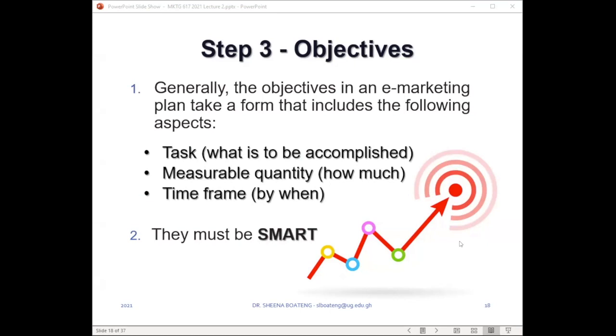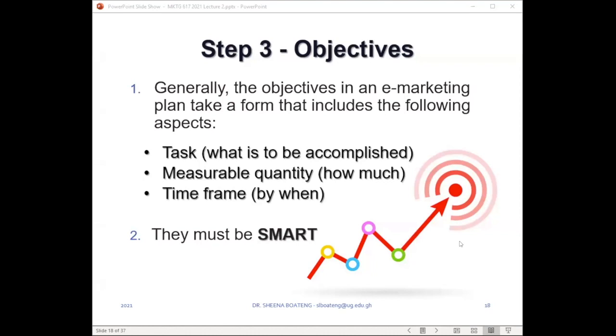And again, it's not enough to quantify. You have to be able to put a time frame to it, because we do not have unlimited resources. In as much as we do not have a lot of money to spare and waste, we also do not have time to waste. So we need to make sure that we do everything within a confined time frame. So it's not enough to just identify the task that you want to grow your followers to 10,000.